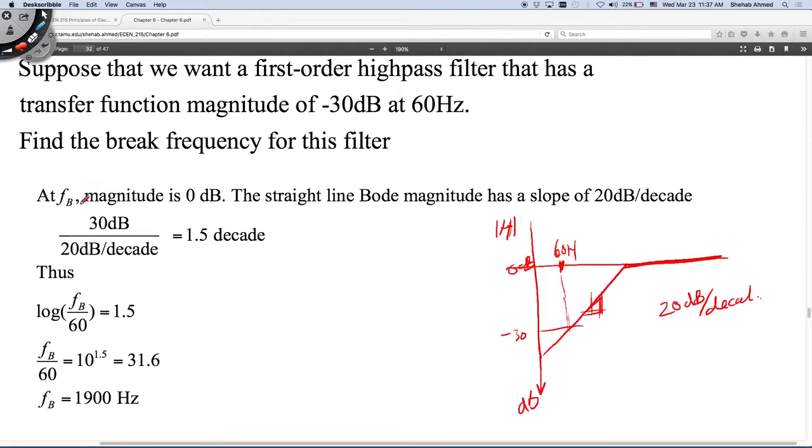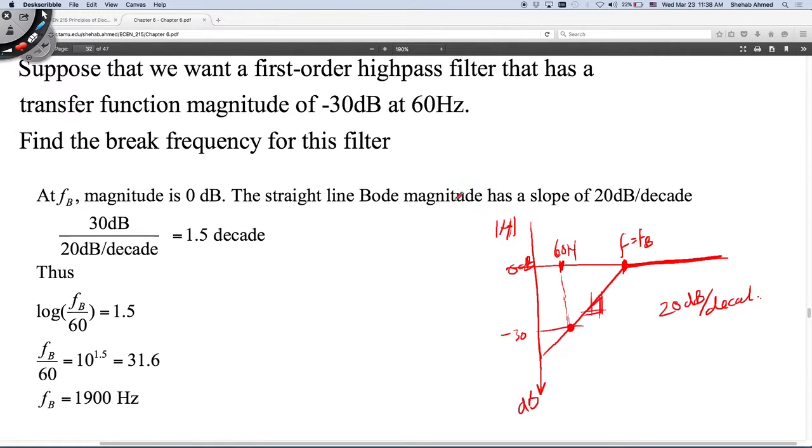At f equals fb, magnitude is 0 dB. I don't know if that's a given or not, but I assume that's a given at f equals fb. So 0 is happening here at f equals fb for this filter, and this is f equals 60 hertz.